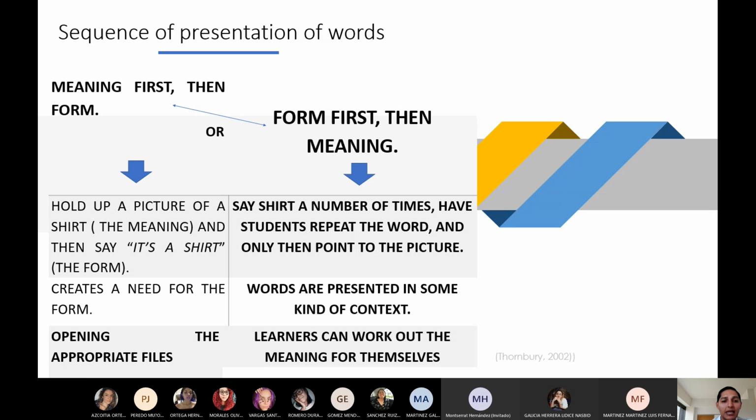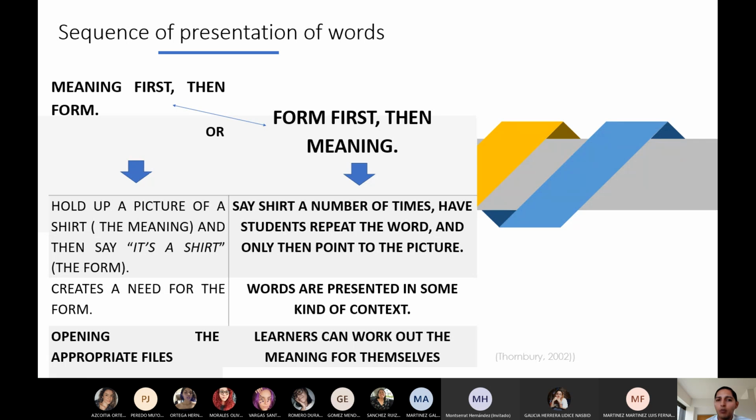You're opening the appropriate files for students to achieve both meaning and form. This is usually what happens with a couple of approaches, such as Total Physical Response. On the other hand, you have form first, then the meaning.